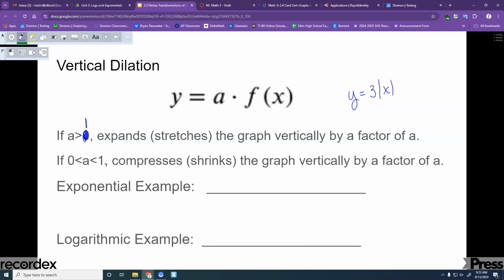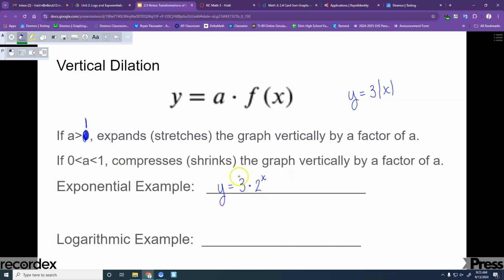We mostly just relied on Desmos to tell how that happens because it's a little harder to picture. But what this looks like for exponentials would be y equals 3 times 2 to the x power. So you have a number multiplied by some number to the x power.